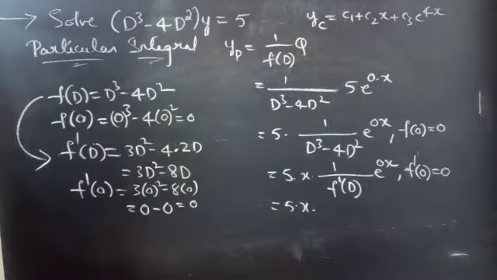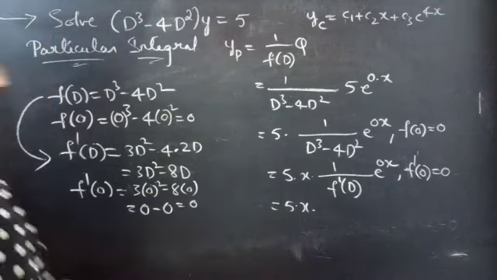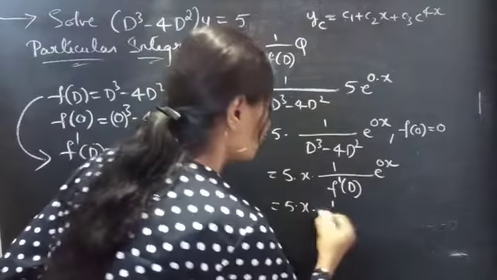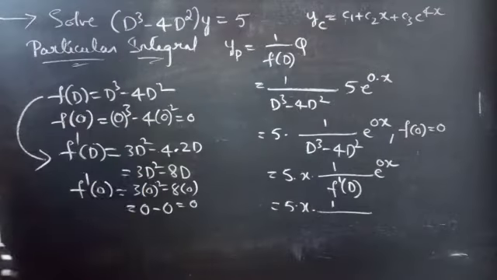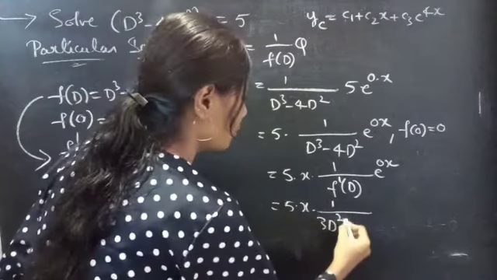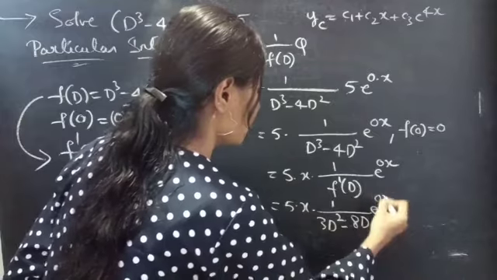So what do we have to do? We have to find again the derivative of f dash of D. Let's write one more step here: 1 by f dash of D, that is 3D square minus 8D, into e power 0x.